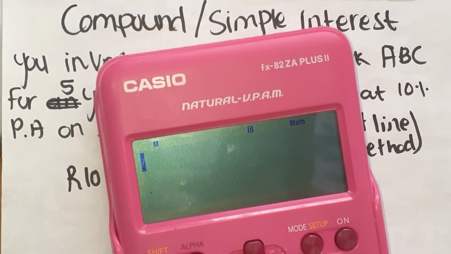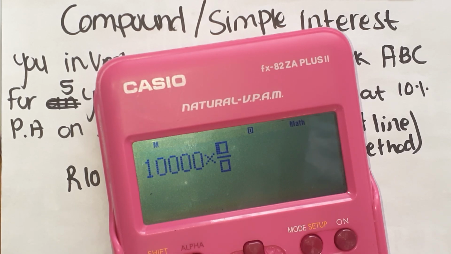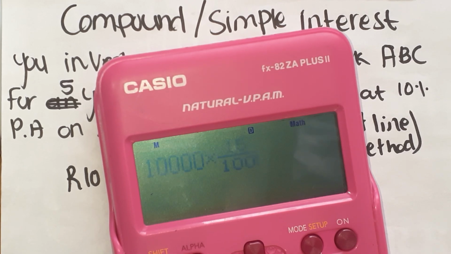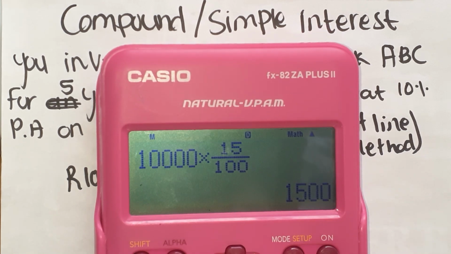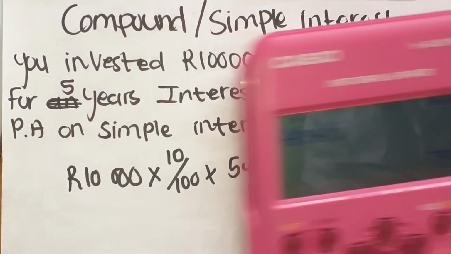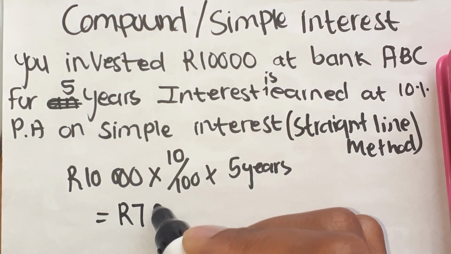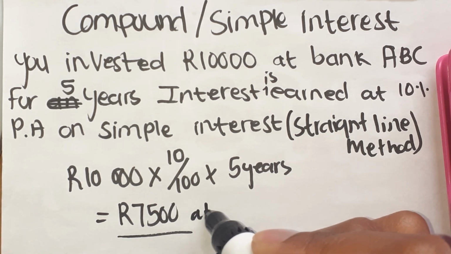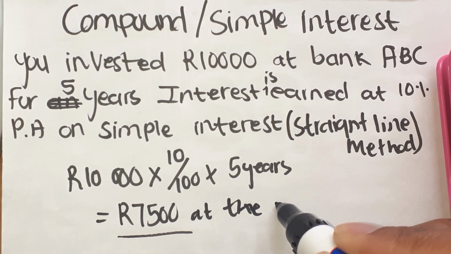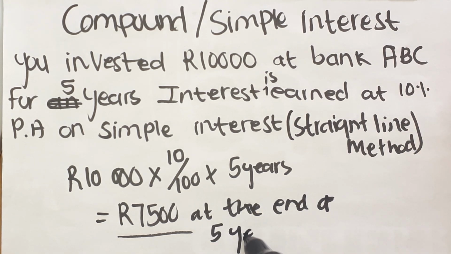In your calculator you say 10,000 and then you say 15 over 100. This is how much you get every year, and then you times that by 5, and then you will get 7,500 rand at the end of 5 years.